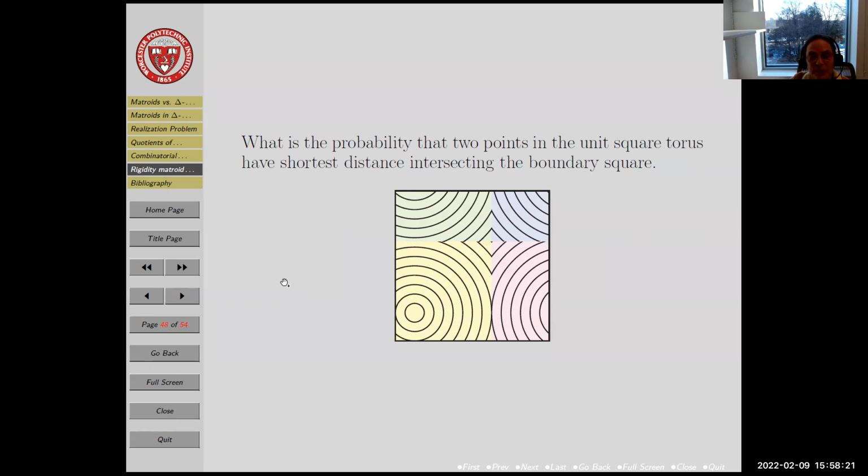And just as a side consideration, if I specify this polygon, I want to actually study rigidity on the torus. And now I place my vertices randomly, and I want to use the straight line distance to the closest vertices as my edges.